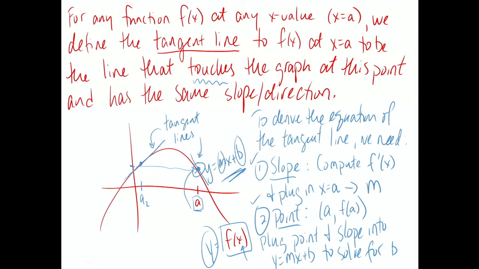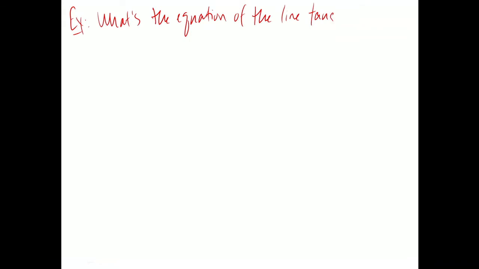Okay, sorry, that got a little cramped in the corner there, so let me come out to a fresh slide here. All right, so an example. So I might ask something like, what's the equation of the line tangent to, and let's use our favorite function because we've done it a bunch of times already.